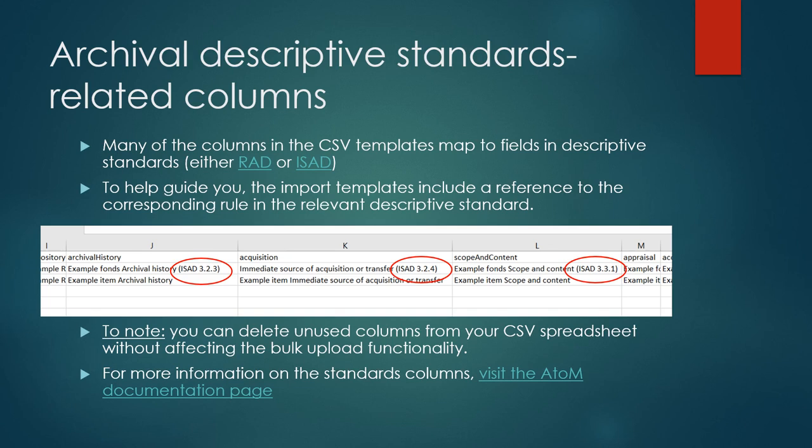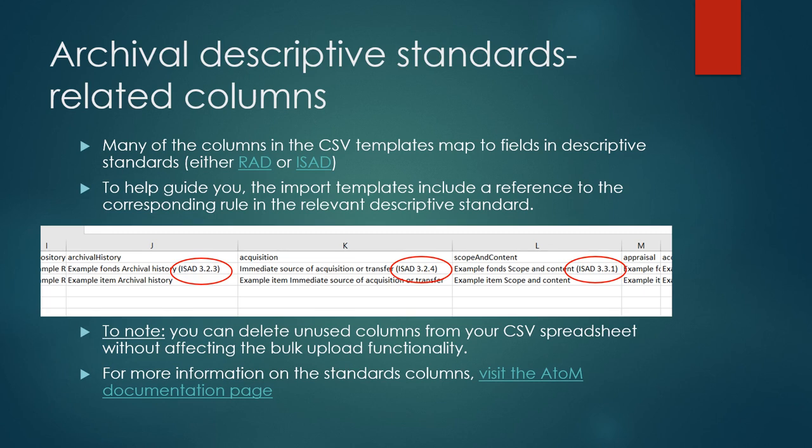To help guide you, the import templates include a reference to the corresponding rule in the relevant descriptive standard. So I've got a little screenshot here. This is the template from the ISAD archival description template, and for each column or field that is connected to some rule in the ISAD descriptive standard, it gives you the rule that it corresponds to.